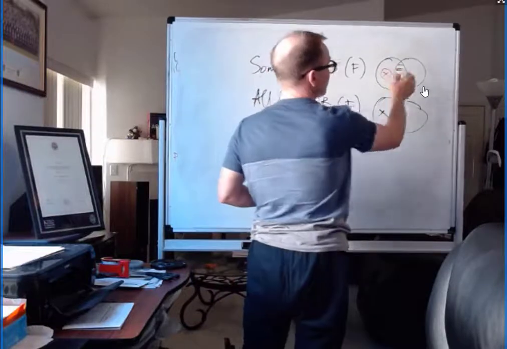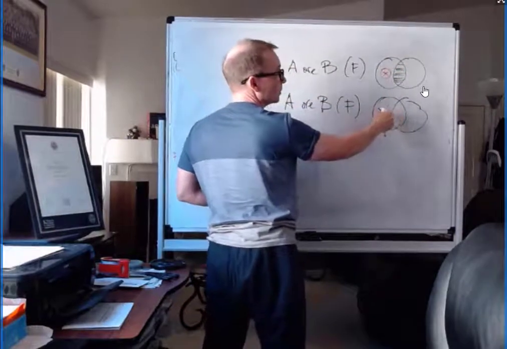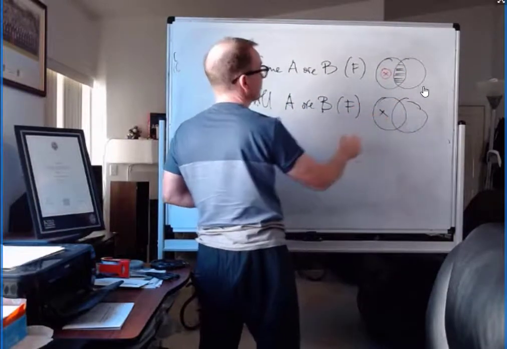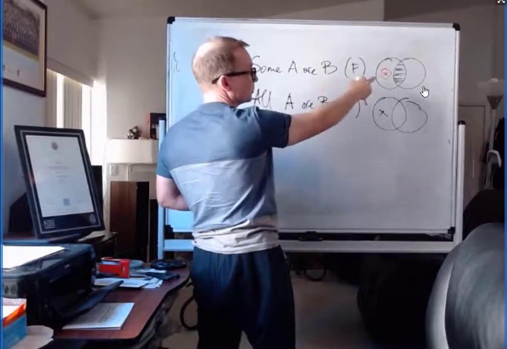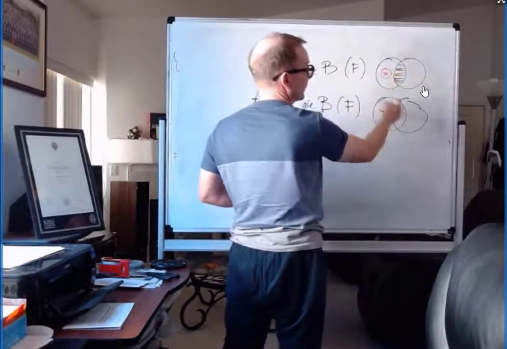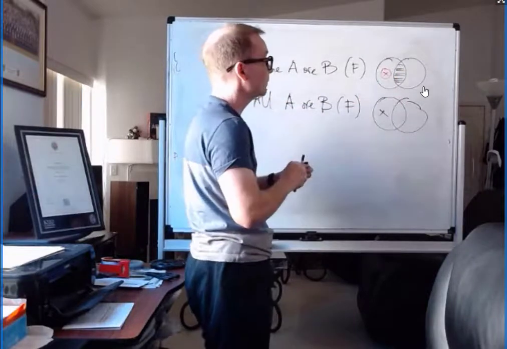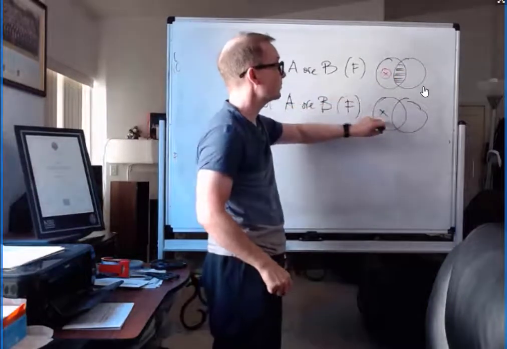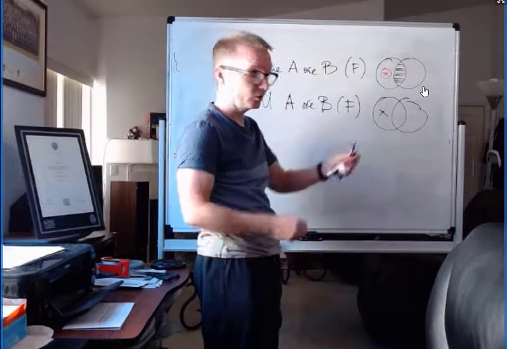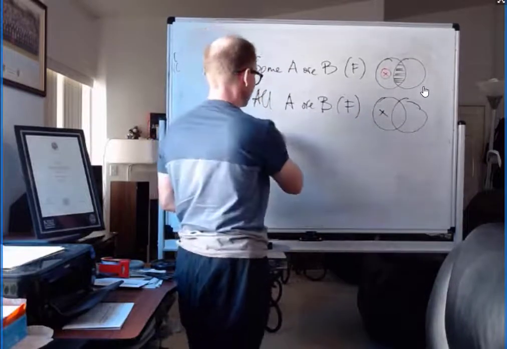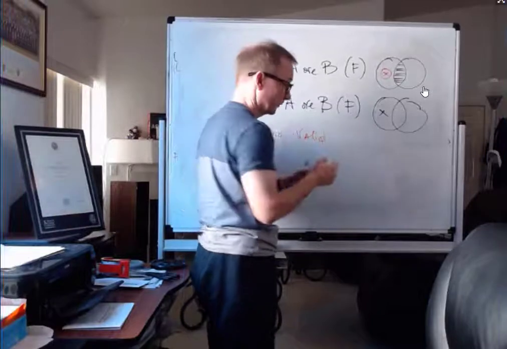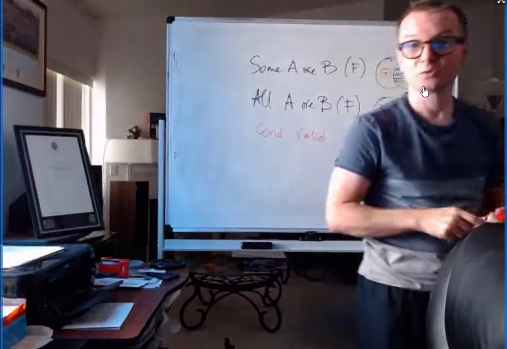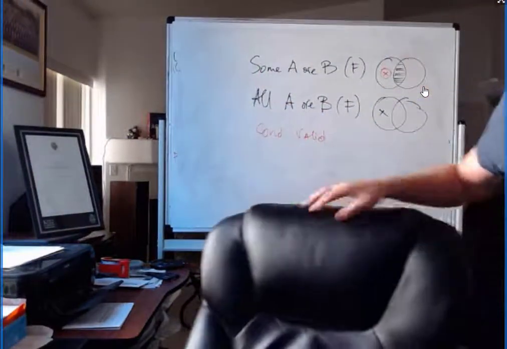And we can do it because we have universal on top, particular on the bottom. Shading, X. Note that this is of course particular, but when it's false it becomes universal. So just look, shading, X, that's good enough. Now that we put an X here, we re-examine it and it comes up valid. So it is conditionally valid, conditionally because we don't know what A is, right? So it can only be conditionally valid.